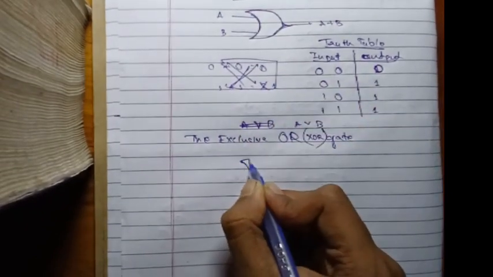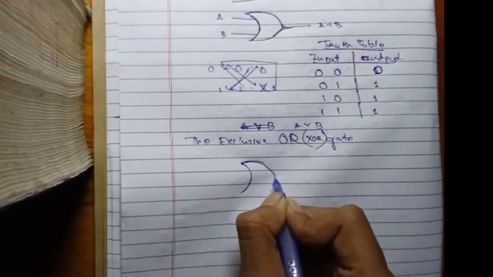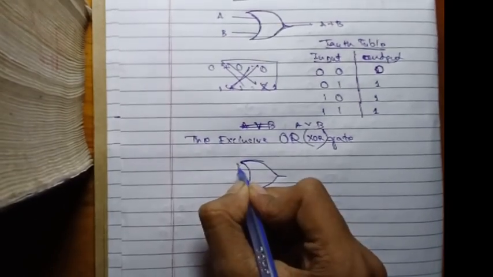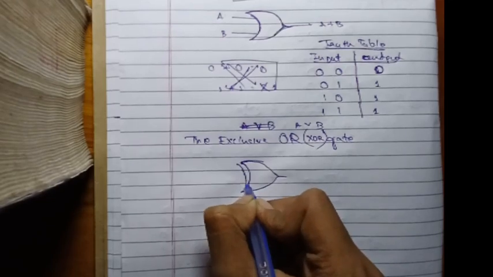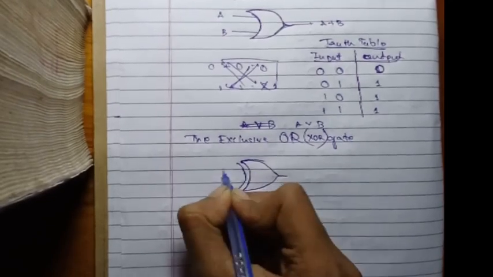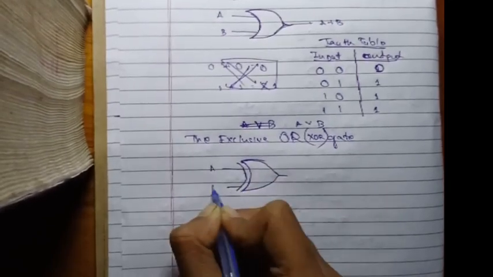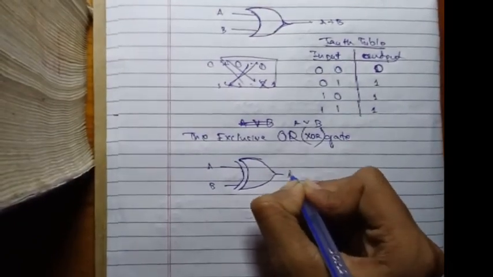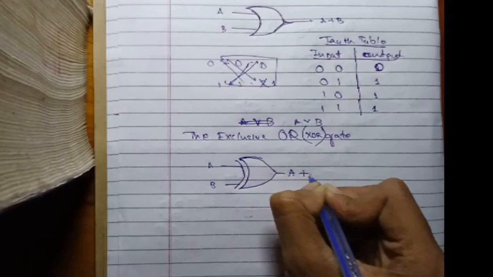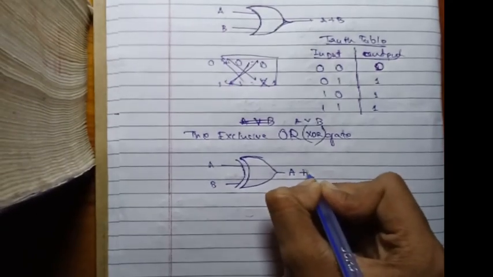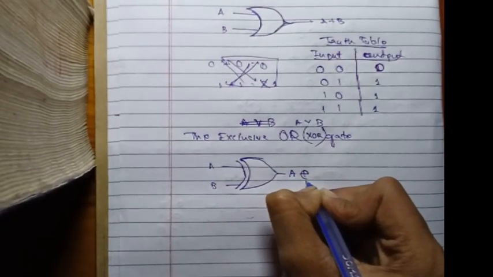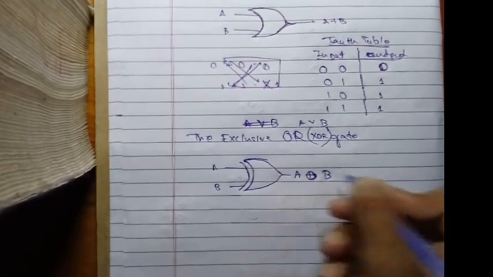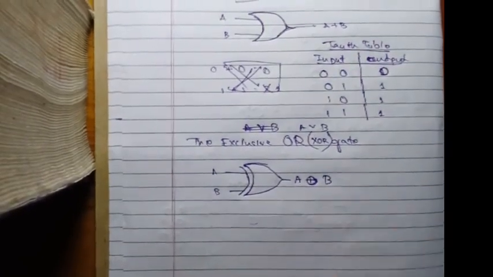First I will draw the OR gate like this. Then I will draw a curved line here, and that's it. Here the inputs, and here the output is A with a circled plus, B, also called addition modulo 2.